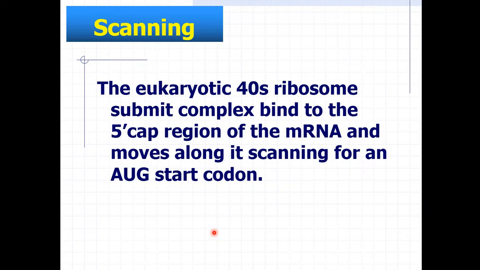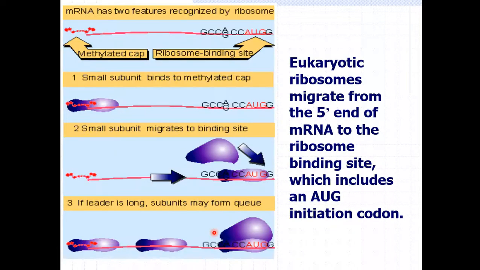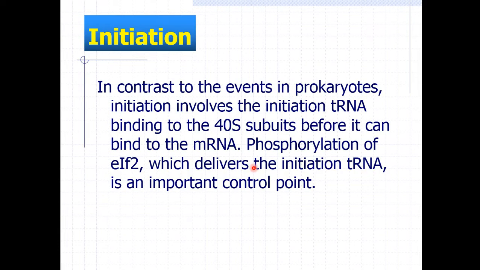The eukaryotic ribosome binds to the 5' cap region of mRNA and moves along it, scanning for the AUG start codon. So the small subunit binds at the 5' cap and scans for the start codon AUG. Once AUG is in the P site, the larger subunit binds and the translation process continues.